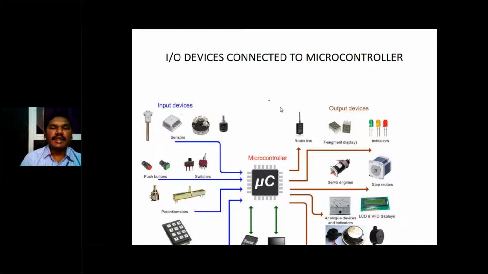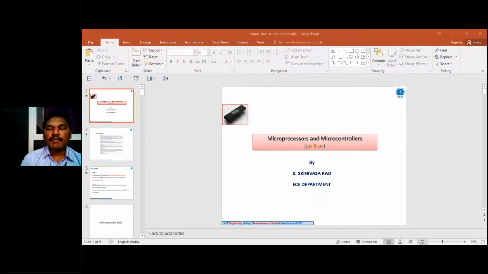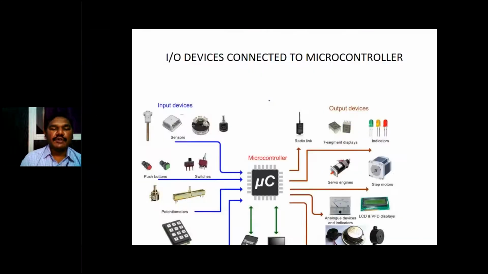equipment. You see here, this is the heart of your project, not a circuit or an application. This is called a microcontroller. This microcontroller will take the input from these devices, maybe switches, maybe input devices, or maybe potentiometers. And according to the input taken from the environment, the program stored in the memory of this microcontroller will be executed.